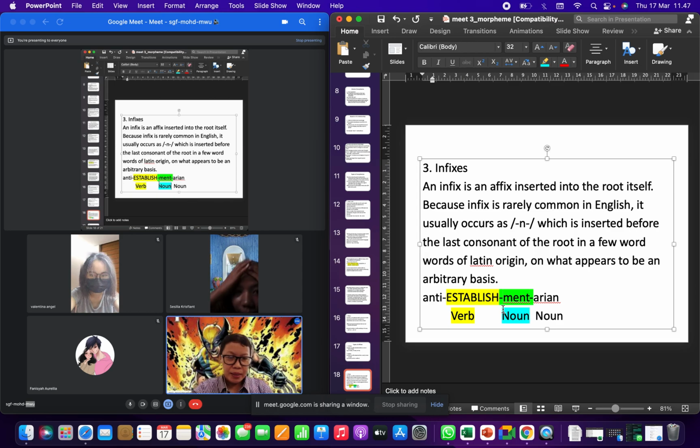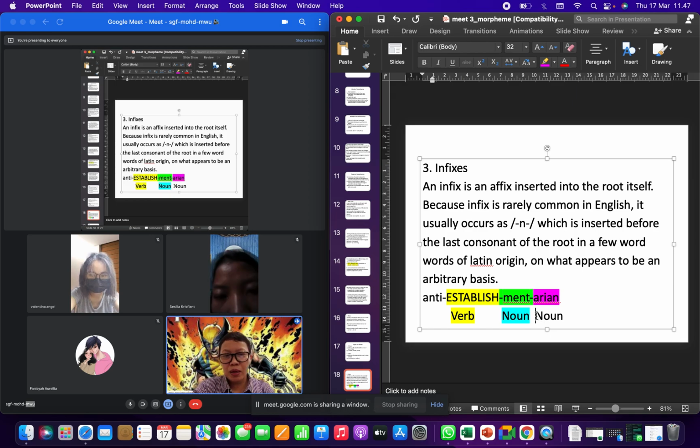And then I also put another suffix. The suffix is arian. I'm going to change the color, and it becomes pink. Okay.